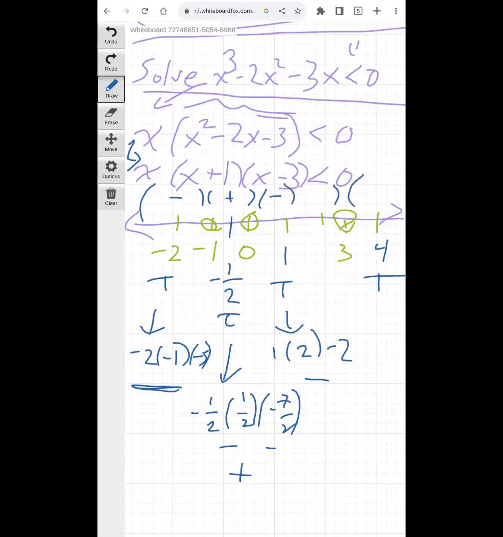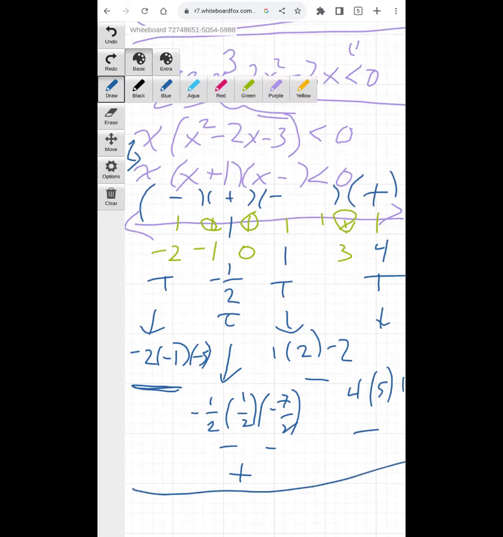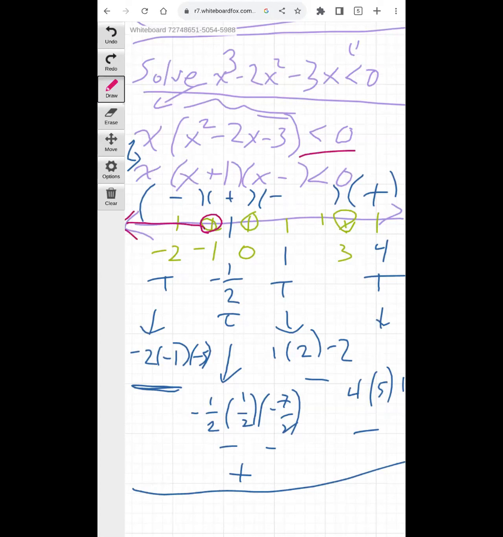If we test the point 4, we have 4 times 4 plus 1 is 5, times 4 minus 3 is 1. That's a positive number, so the inequality is positive over that final interval. Taking this all into consideration, the inequality is less than 0 to the left of -1, because of our test point there.